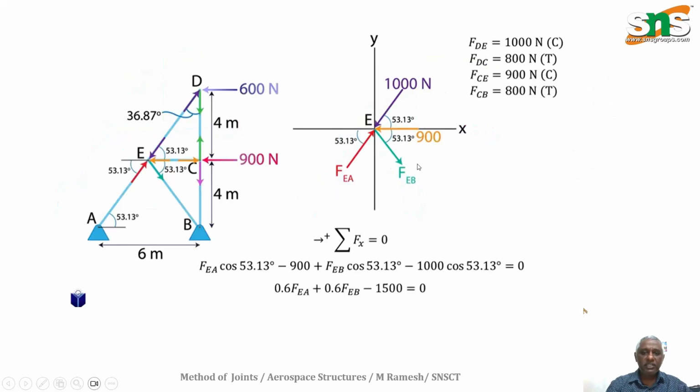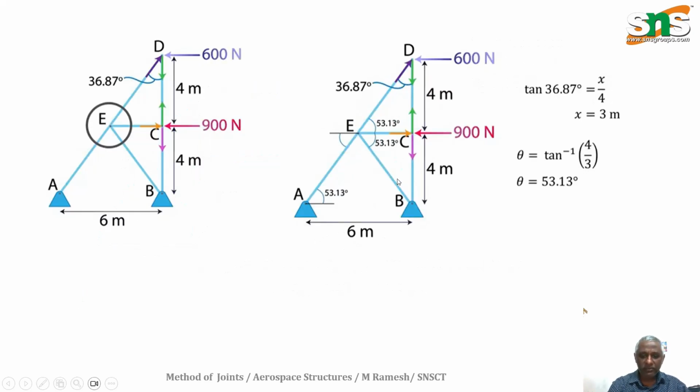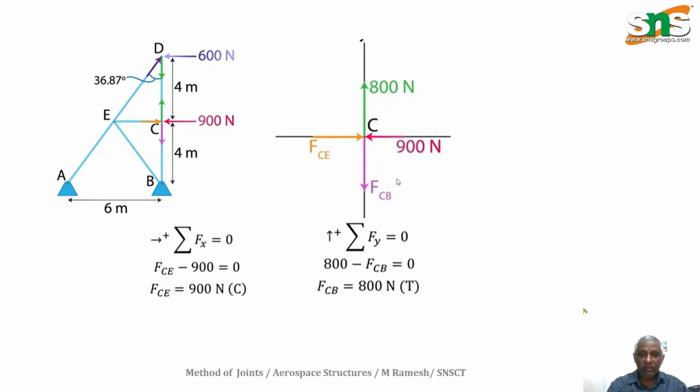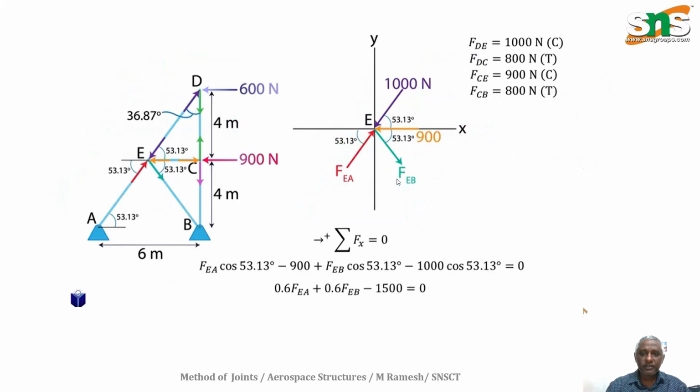Now let's go for the free body diagram. All the values we have known here. The only unknowns are FEA and FEB. You take the horizontal forces, sigma Fx equal to 0, as well as sigma Fy equal to 0. You will not get the answer directly, because all three forces are inclined forces, only one is purely horizontal.